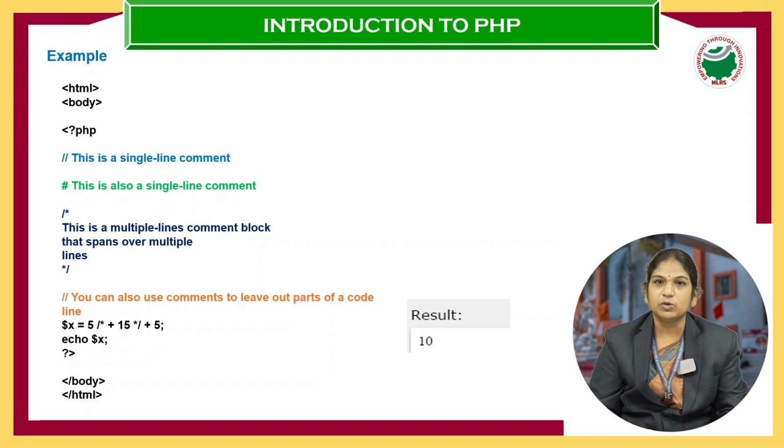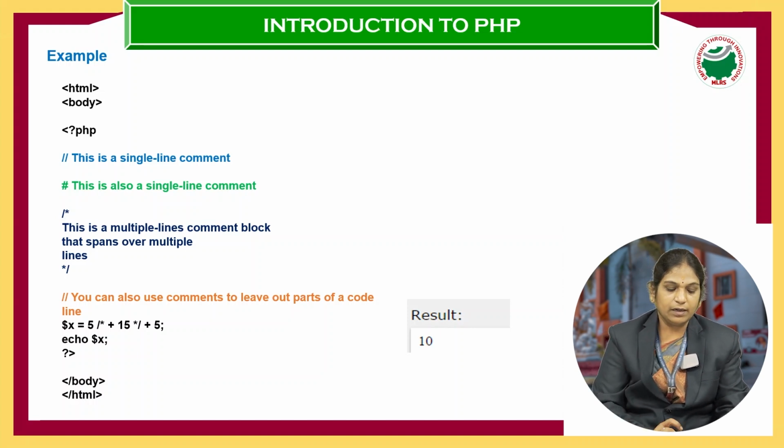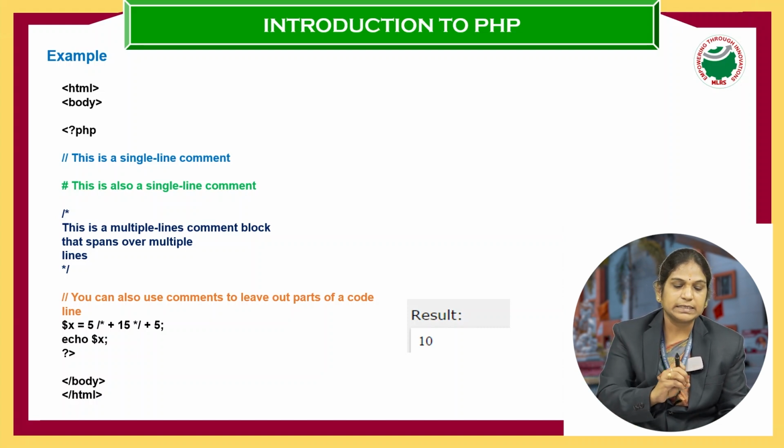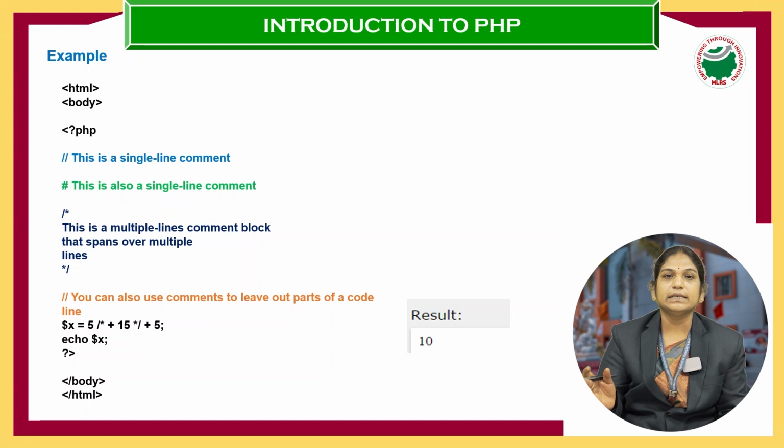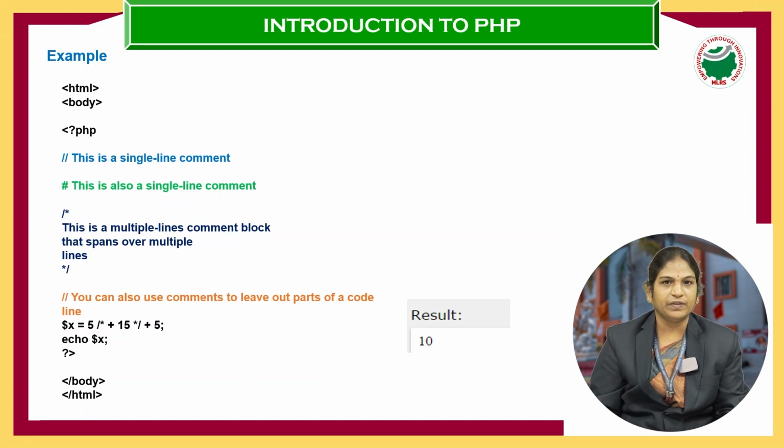Next, after closing the comment, I have used plus 5. So what is the output? 5 plus 5, the output will be 10. Here, the 15 is a value enclosed inside the comment, so it is not performing any addition. This is the purpose of a comment: we use comments just for understanding purposes.